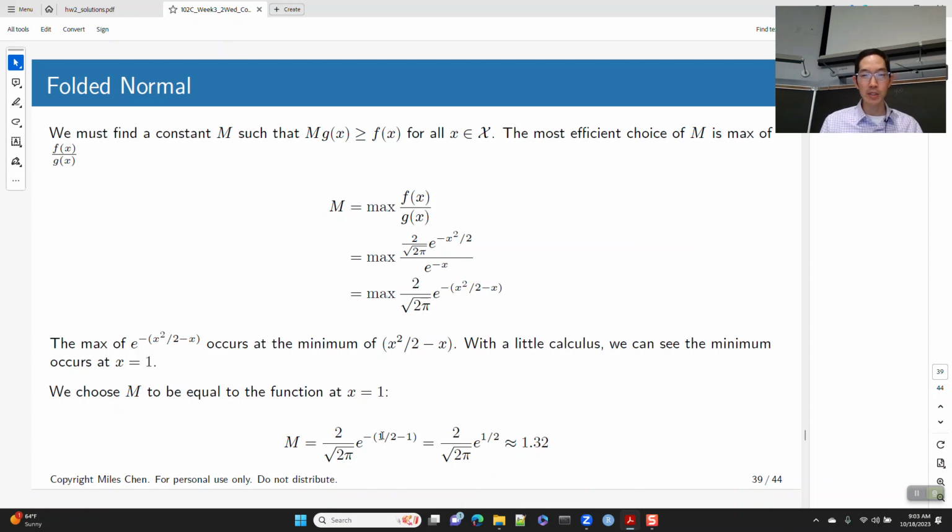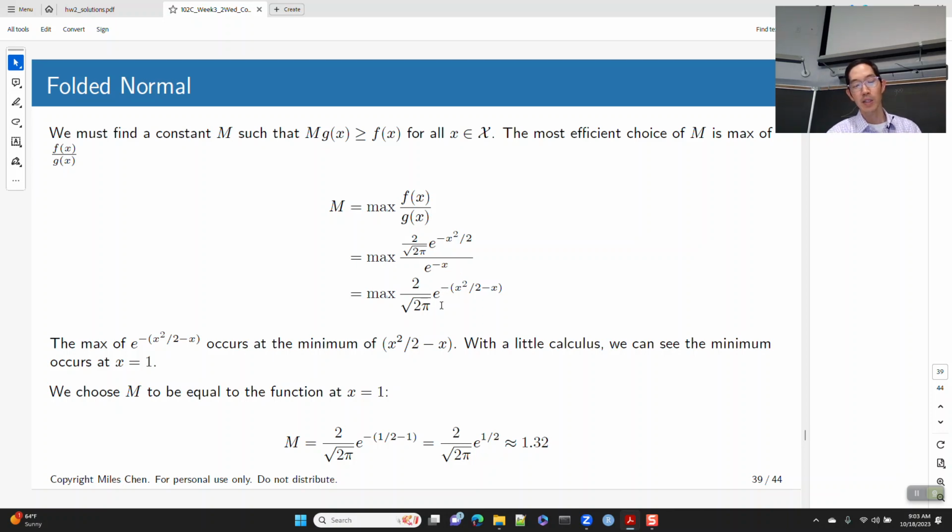So here we're going to take f of x divided by g of x. This is a little bit of a pain, but it's not too bad. Here we have the PDF of our target distribution, our folded normal, and the PDF of our proposal distribution is here.